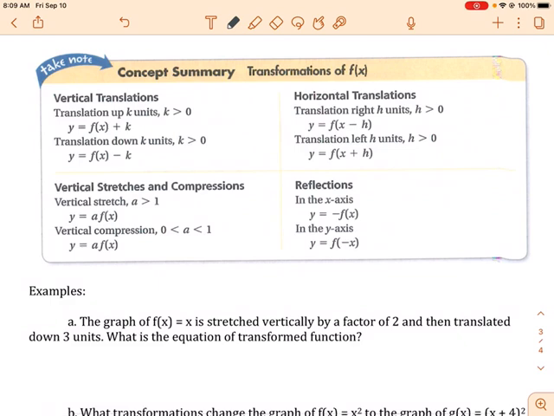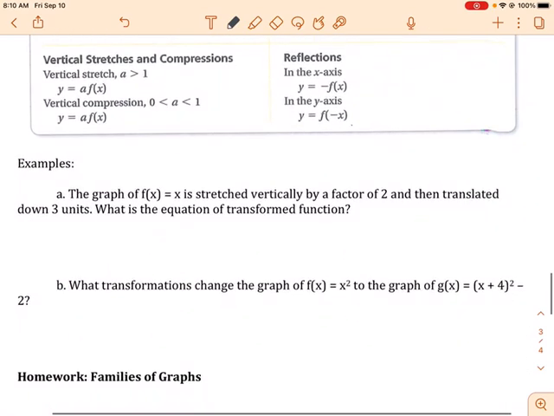Vertical compression is when your number is between 0 and 1. The reflection over the x is when the negative is outside the function, like maybe it's with your vertical compression. And if it's across the y, you're going to see it inside the function.